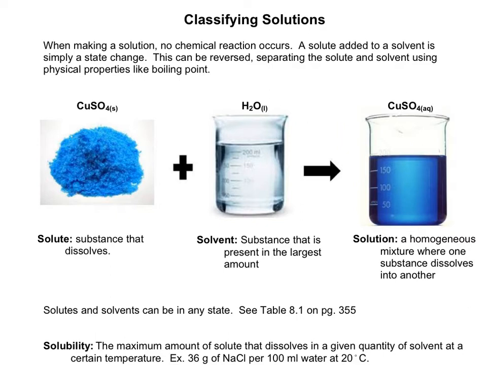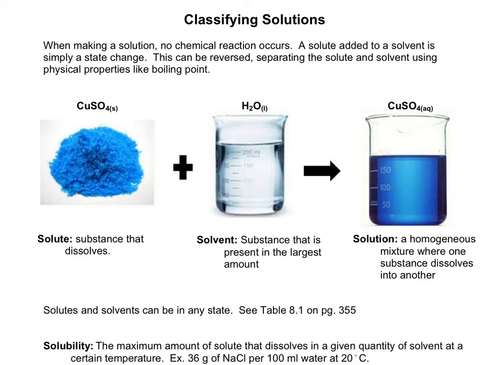An example would be making a copper sulfate solution, where we take copper sulfate solid as our solute, mixed into water as our solvent, and we would get a CuSO4 solution. Notice that there's no rearrangement of elements here. The solid just dissolves in the water, so we get the state change going to AQ.